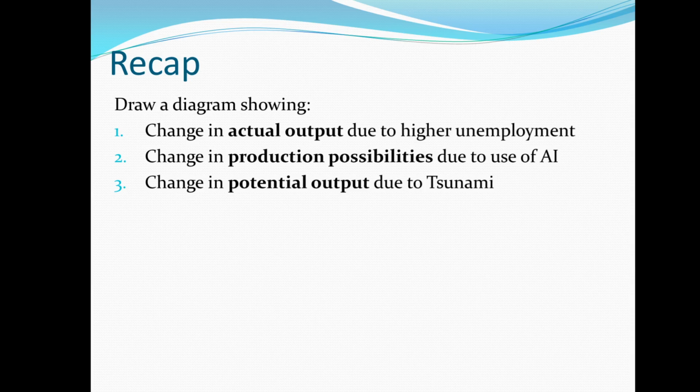But what if I don't want to use PPC to explain it? What if I want to use the ADAS model to explain number one? How do I explain it using the ADAS model? It really depends.